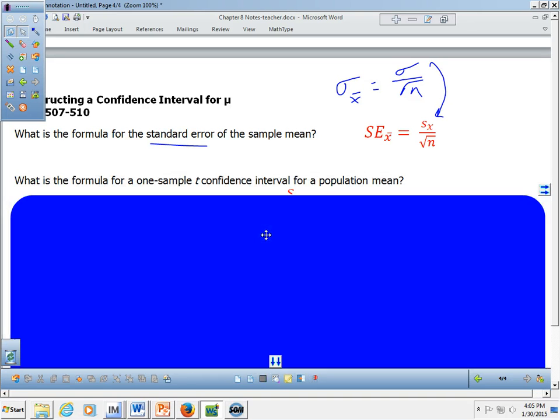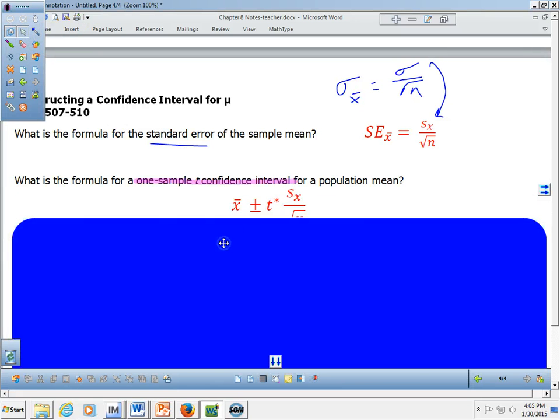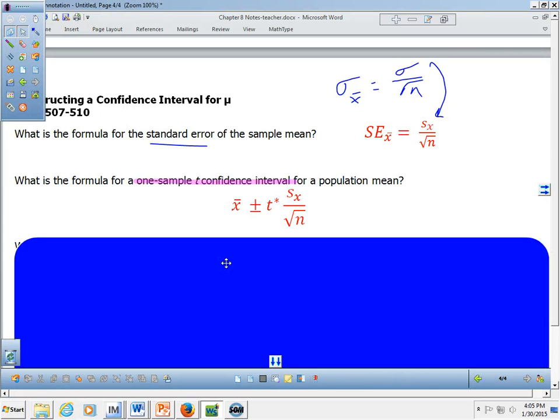Okay? So, that leads us to a one sample t interval, a one sample t confidence interval for a population mean, if we're going to estimate a population mean. And that formula looks like this, right? It's going to be x bar plus or minus t star times s sub x over the square root of n, okay?